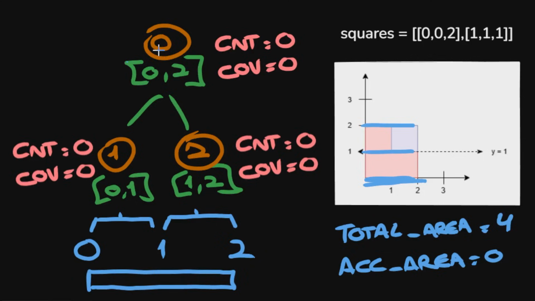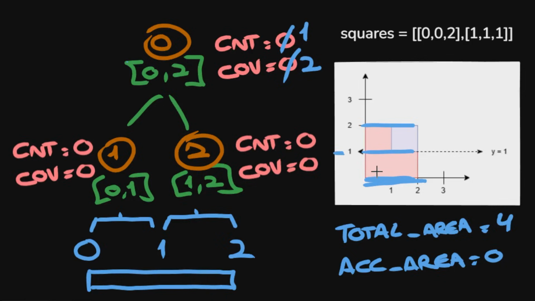Now we always start from the root, and this segment goes from 0 to 2. We can fit this into the current square, so here we have a full overlap. The count here is 2, and the covered range goes from 0 to 2. This is 2. So now we can continue with the next breakpoint.